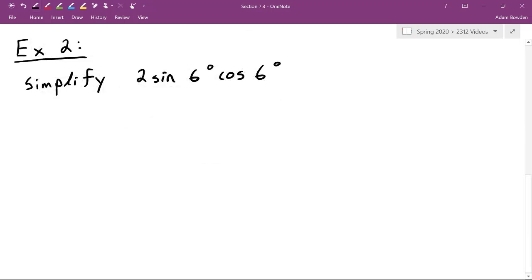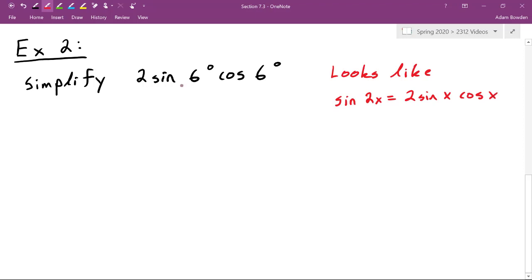And now let me show you an example where this particular double angle formula situation can be used to change a trigonometric expression. So here we're looking at 2 sine 6 degrees cosine 6 degrees. When we look at this, it looks like the double angle formula for the sine. Sine 2x was 2 sine x cosine x.